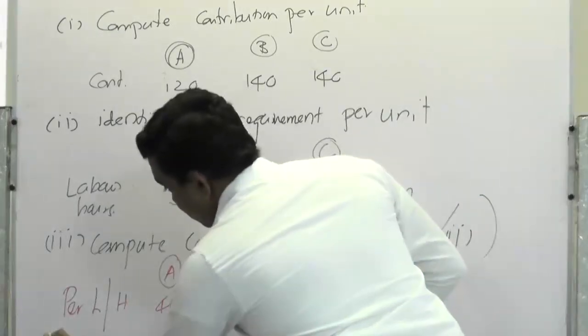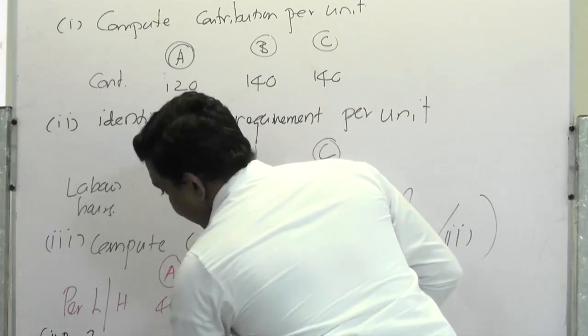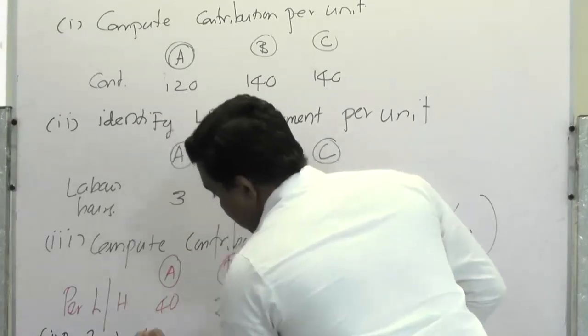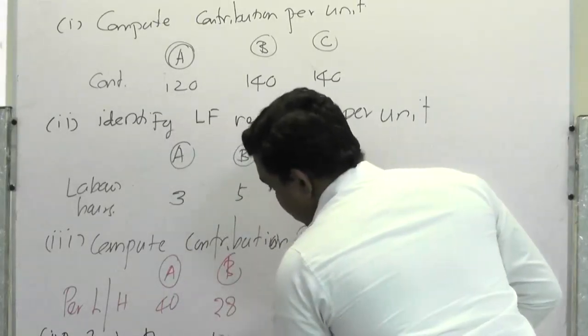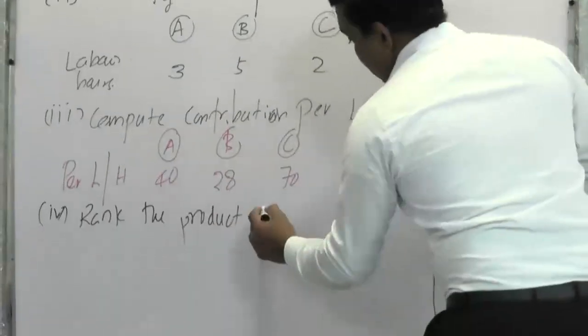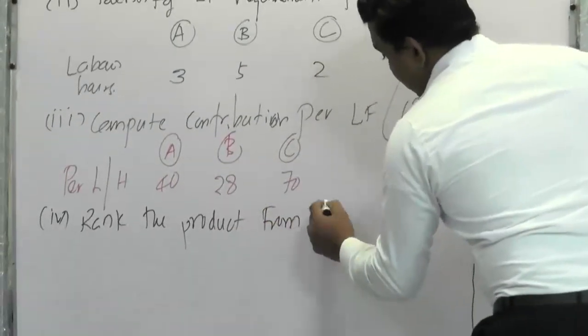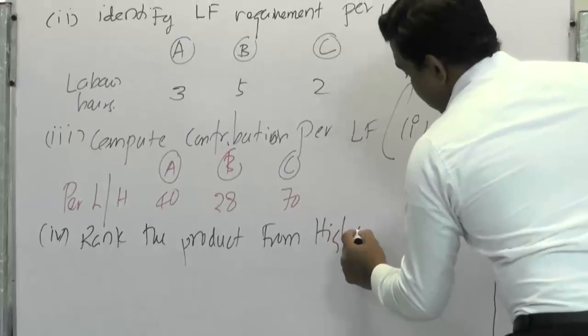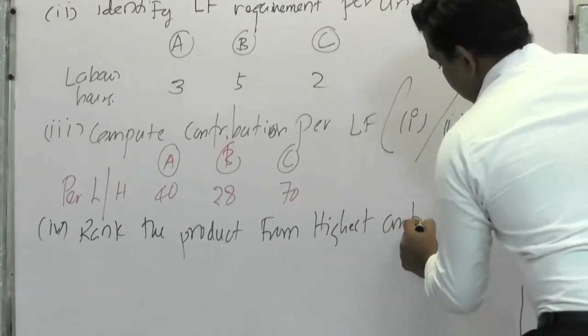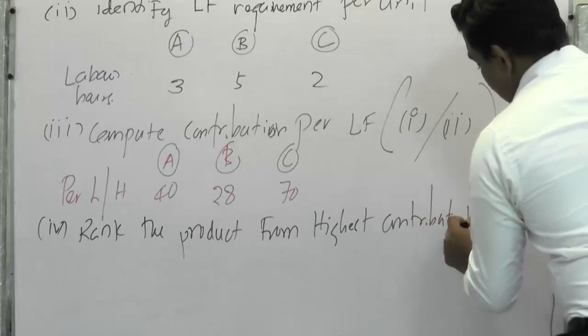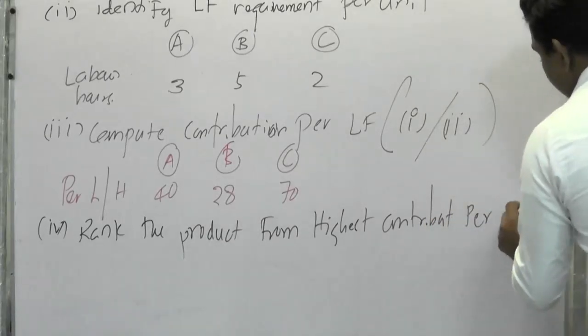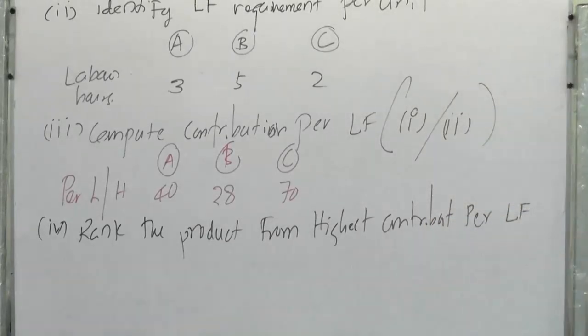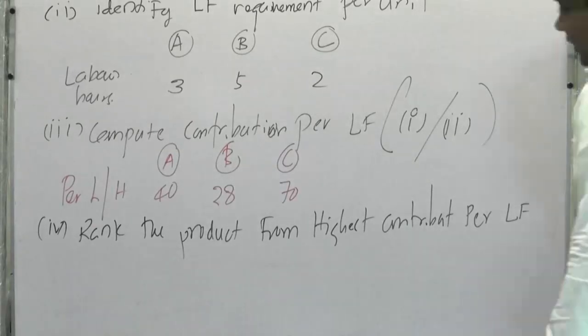Therefore, Roman number 4, rank the product. You have to rank the product from highest contribution per limiting factor.